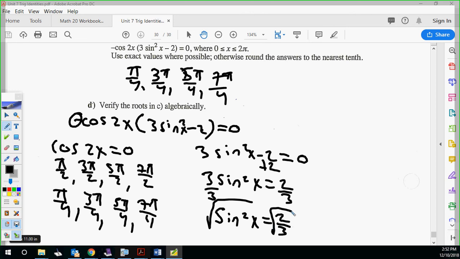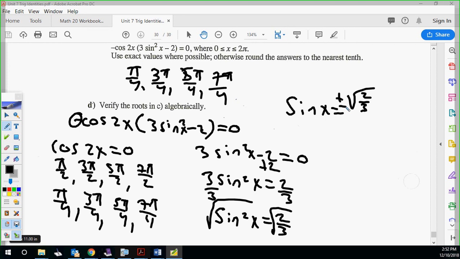Square root. So sine x equals root 2 over 3, and it's plus or minus. No, because we're going to calculate. So my question to you first is, did you guys know this? Maybe you don't. For any value between 0 and 1, sine can be found on the unit circle.